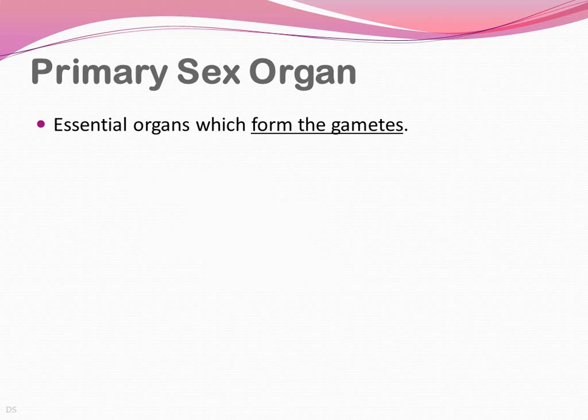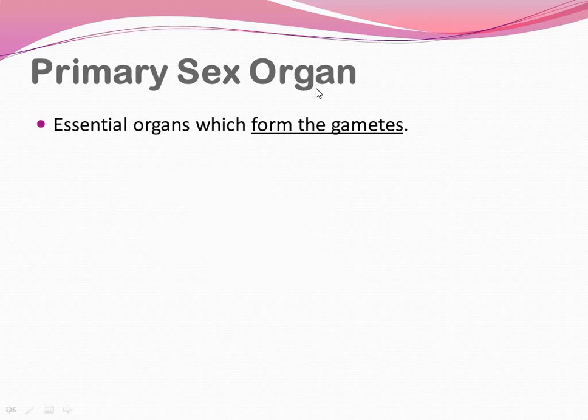Many of you falsely answer that the penis is a primary sex organ. No, it is not. The definition of a primary sex organ is an organ which can form gametes. The organ which is involved in gametogenesis is referred to as a primary sex organ.